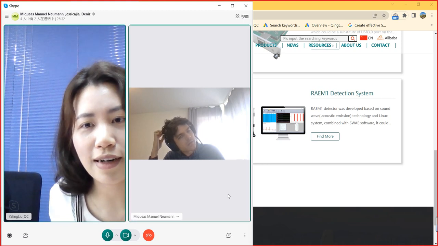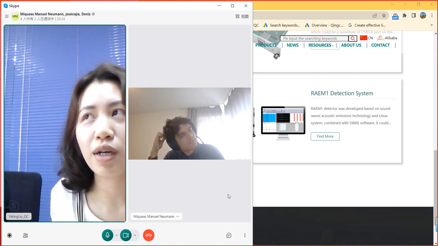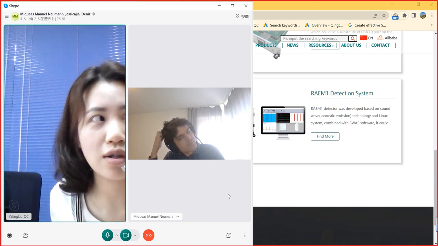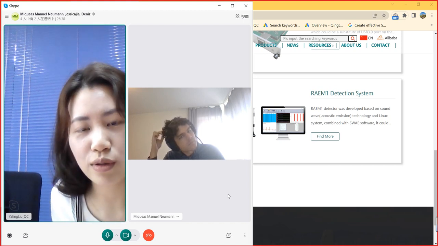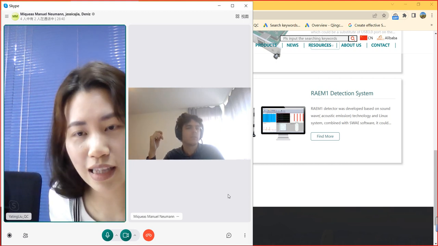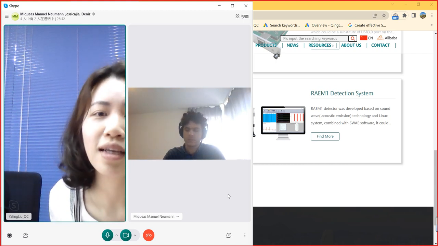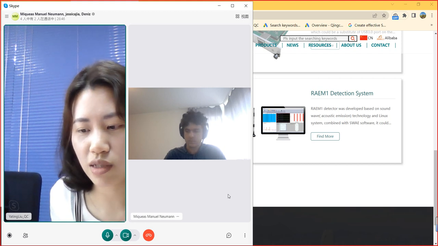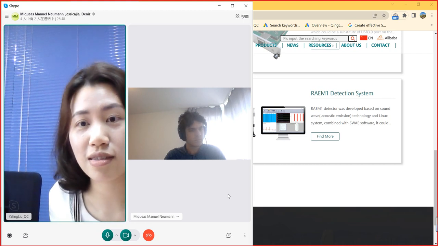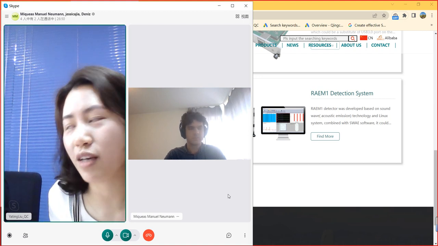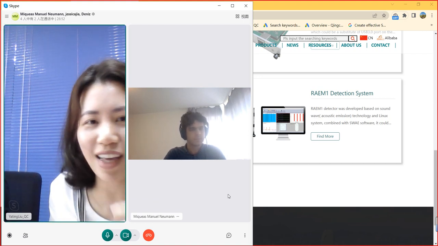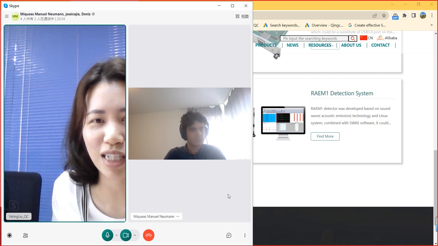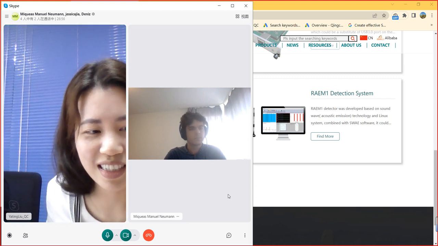And for the RAEM1, we have an Ethernet cable that you can directly plug into your computer. You can also choose wireless, or if you don't want any wireless communication, that's okay too.